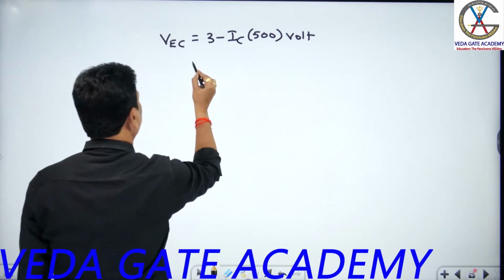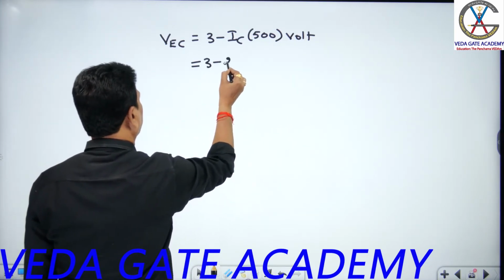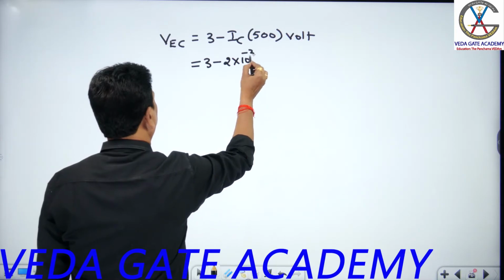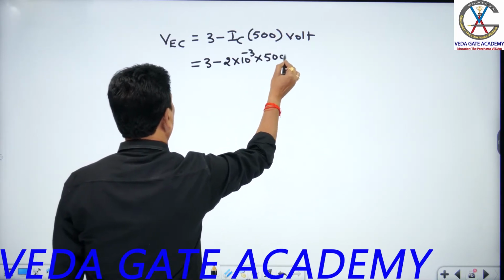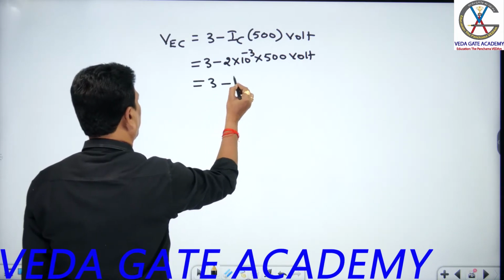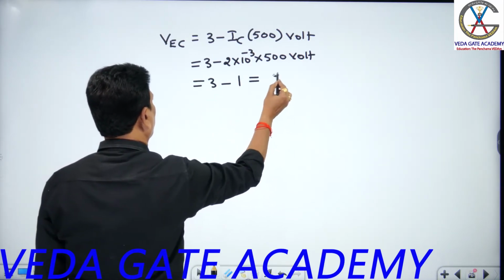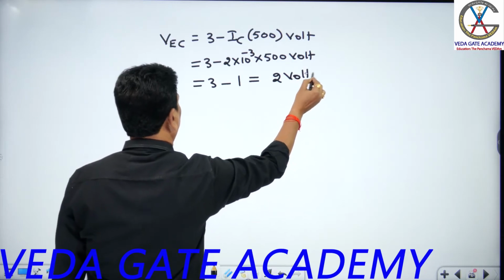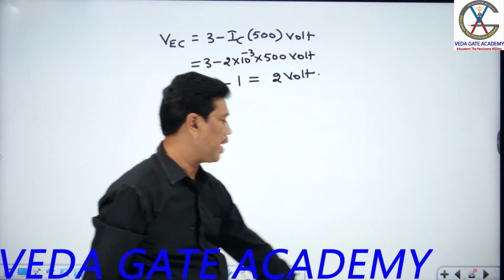IC is 2 milliampere. 3 minus 2 into 10 power minus 3 into 500 volts, that is 3 minus 1, that equals 2 volts. So the value of VEC you get is 2 volt, students.